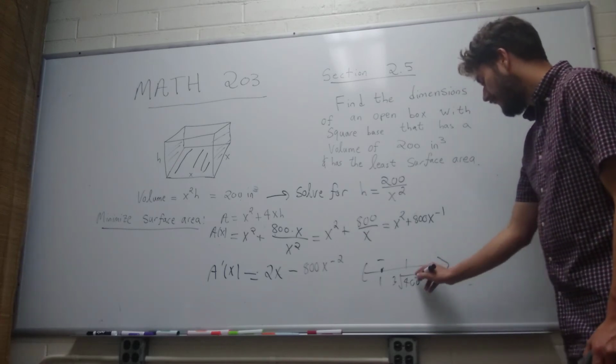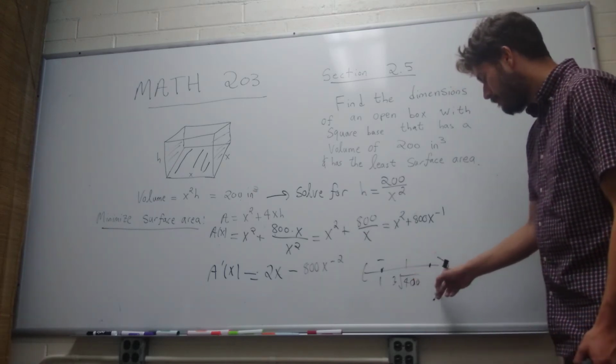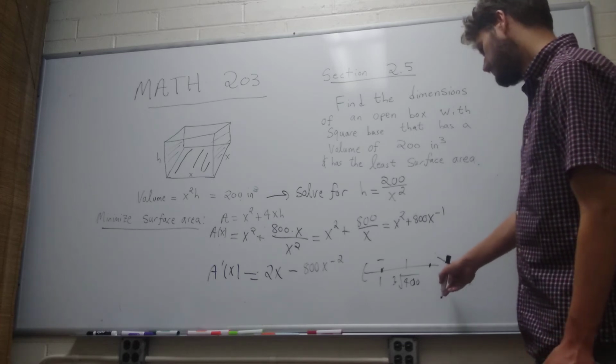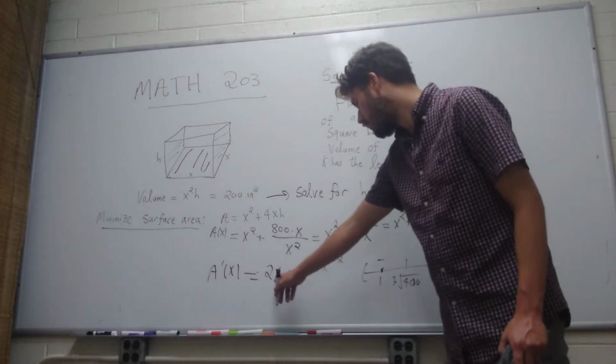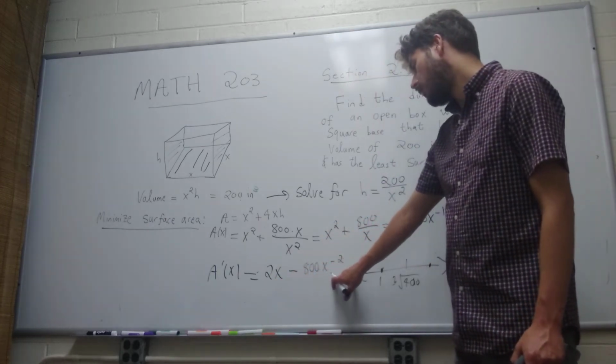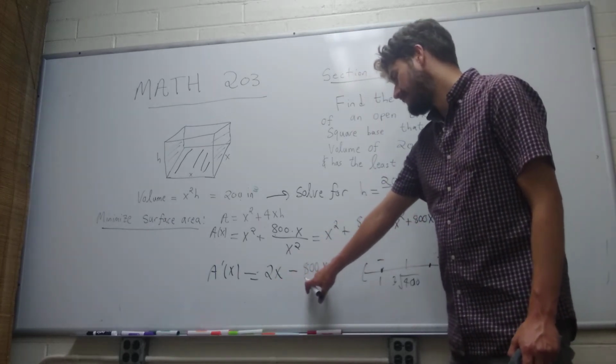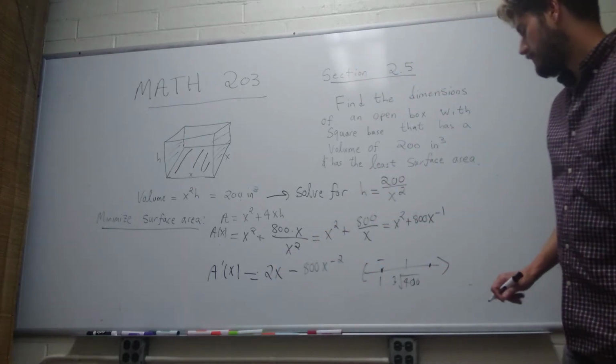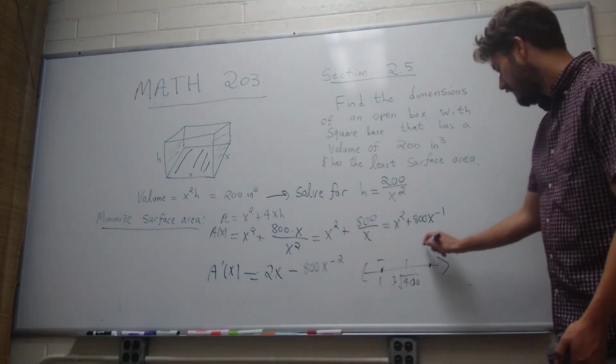Pick something larger than it. Let's just say 500. So this is something large. 800 over something very large, 500 squared. Well, this is less than 1 then. 1,000 minus something less than 1 is going to be positive. So this is positive.